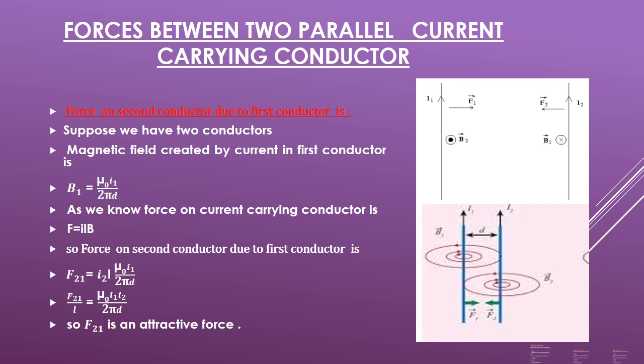There may be both the cases, but these two wires are parallel to each other. Like we can take two wires, or we can twist them, or we can roll them, or keep them parallel. So these are all the examples where we have two wires which are parallel to each other, both carrying current.